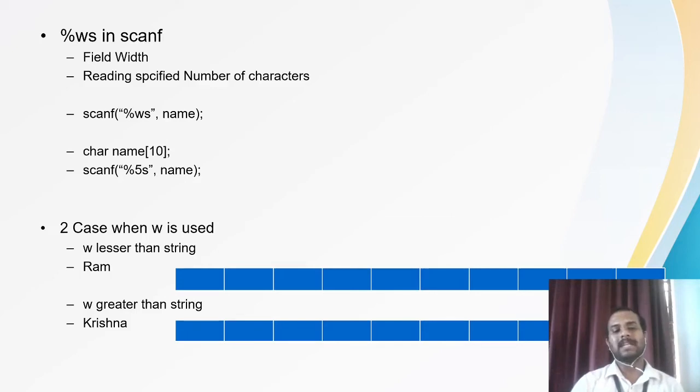For example, let me say I have given the field specifier 5, see here 5, right? That means only 5 characters will be taken. That means I can insert Good there. So Good will be taken. But I cannot insert Kiran.